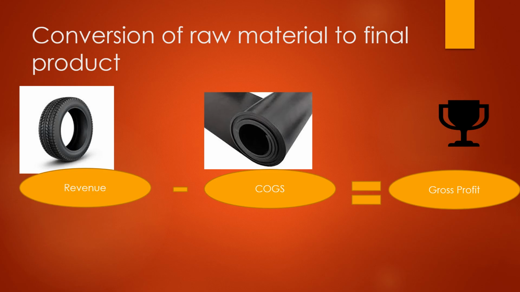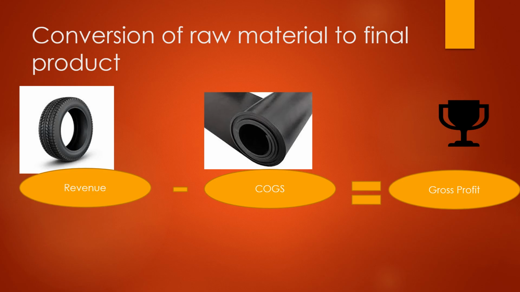Now before I go further, can the tire company keep changing its price regularly? No, they cannot really play around with the price on a regular basis. They have long-term contracts with the auto companies, so they cannot change the price of the tires. But what happens to rubber?